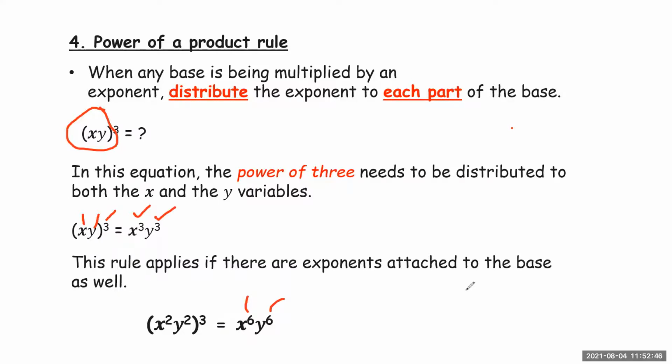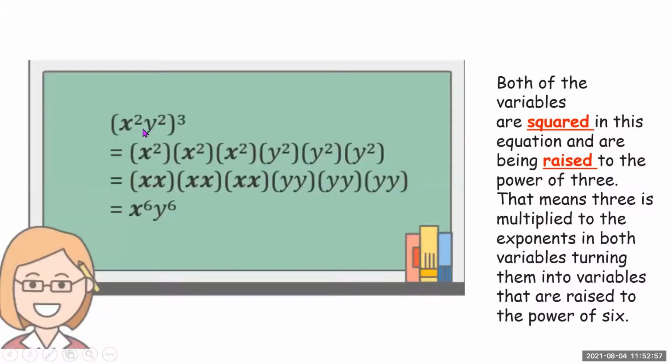This is how you use the power of a product rule. Very simple one, but you have to be careful. So here, x2 y2 to the power 3. Distribute this to each element of the base. So x2 3, y2 3. Multiply the exponents and you get x6, y6.